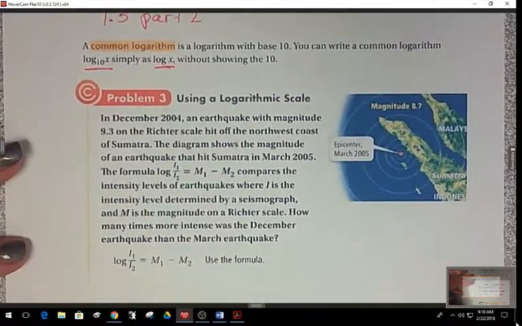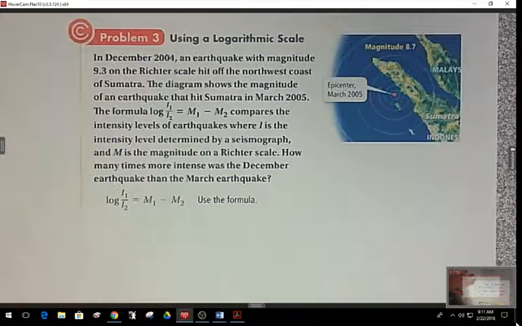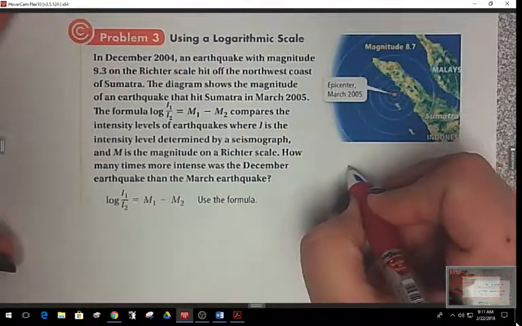Okay, so in problem 3, it says, in December 2004, an earthquake with magnitude 9.3 on the Richter scale hit off the northwest coast of Sumatra. The diagram shows the magnitude of an earthquake that hit Sumatra in March 2005. And I'm going to make that note over here.